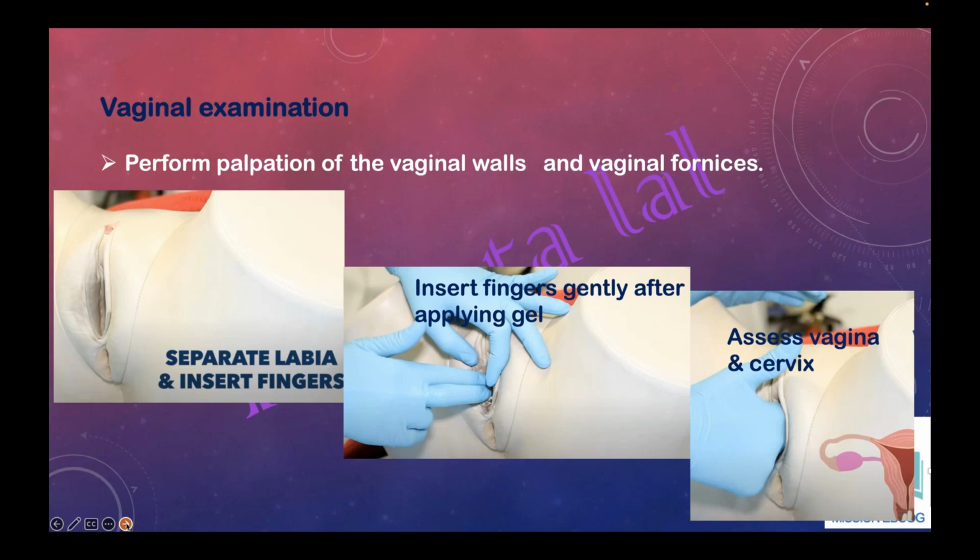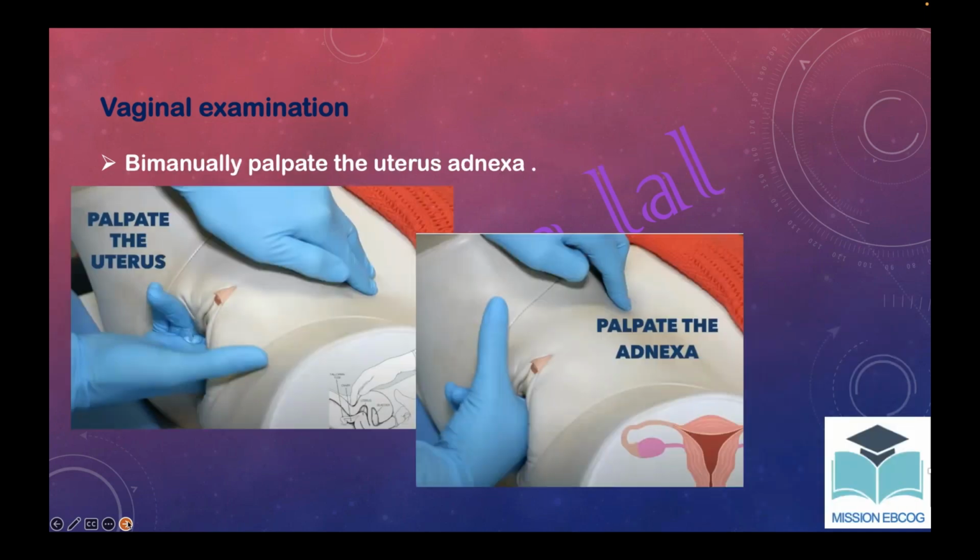Then you keep one hand over the patient's abdomen, and two fingers inside the vagina. You do the bimanual palpation to find out the size of the uterus, shape, mobility, and tenderness. So this is what you are looking for in the uterus.